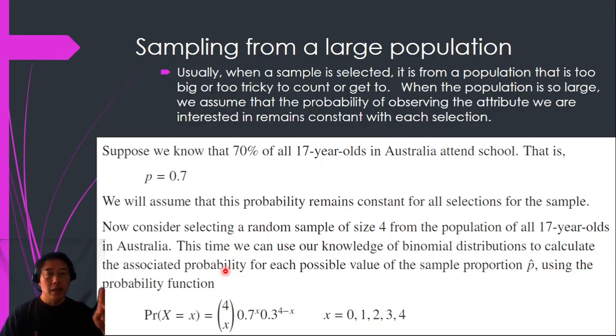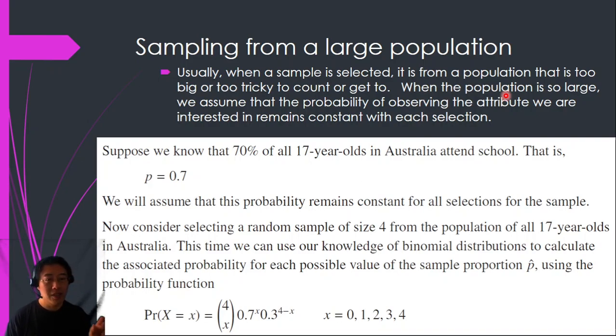If you now have a large population instead of a small one, remember, for a small population you can use your knowledge of selections. When we move to a larger population, when you select a sample from a population that is too large, what we need to do is assume that the probability of observing the attribute we are interested in is constant for each selection.